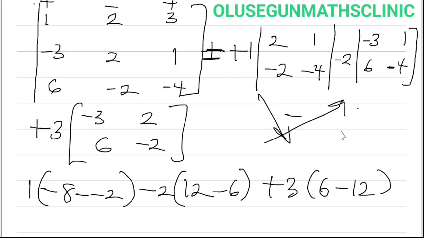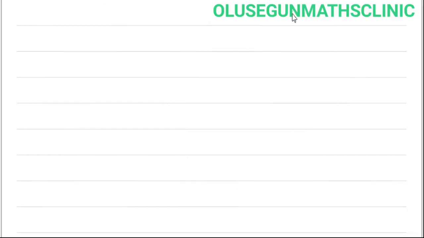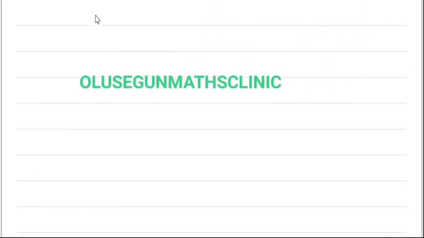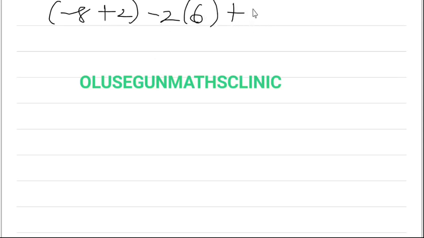So let's proceed to have minus 8 plus 2 minus 2 onto 6 plus 3 onto minus 6.